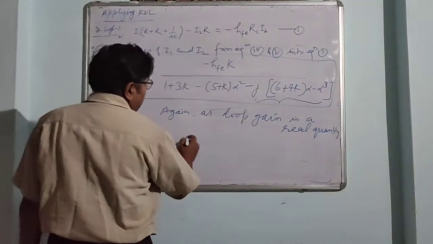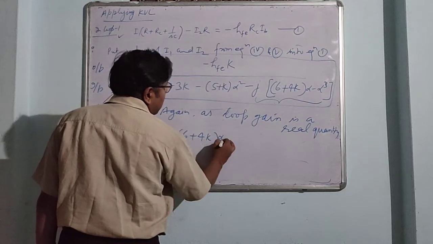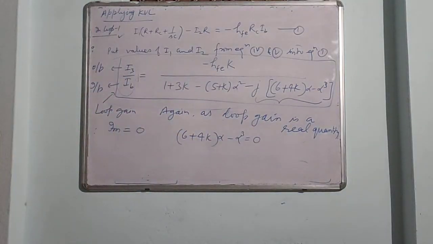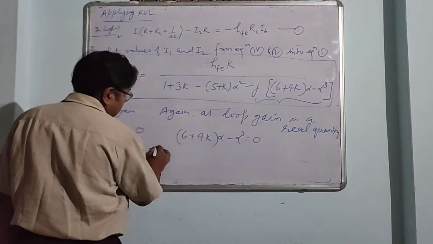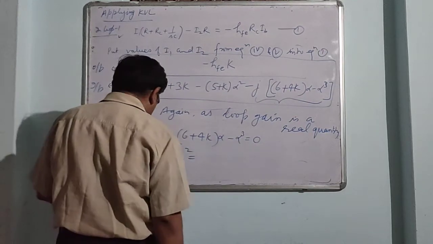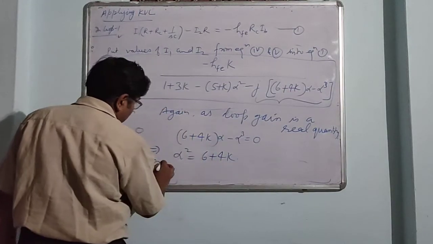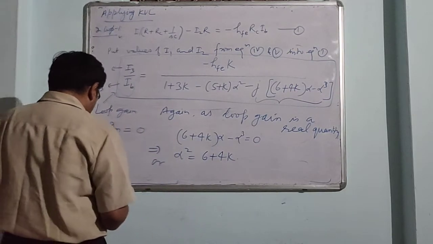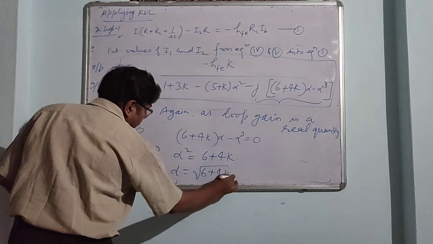It means 6 plus 4K into alpha minus alpha cube must be 0. And from here we can calculate the value of alpha, and this implies alpha square equals 6 plus 4K, or alpha is under root 6 plus 4K.